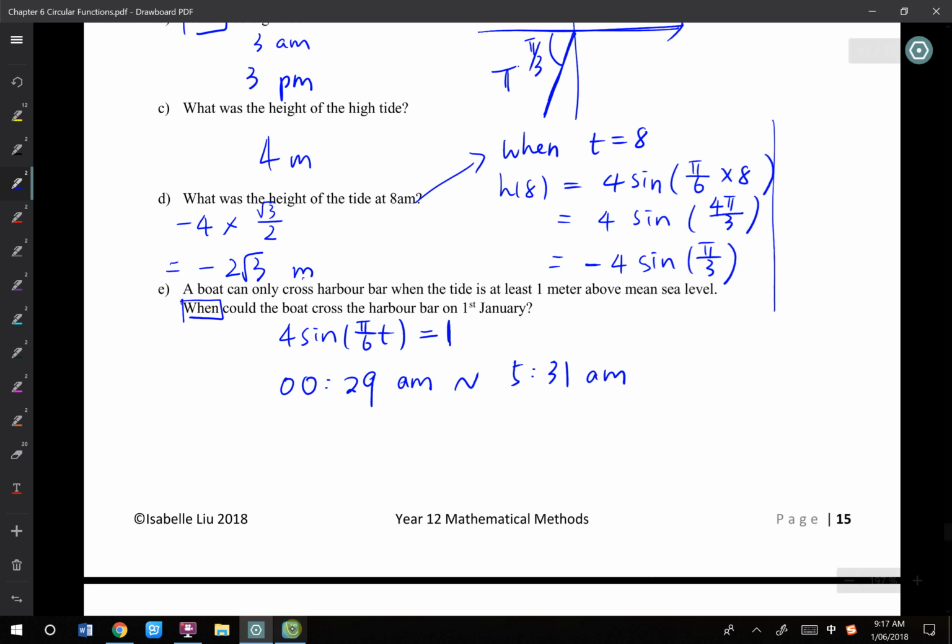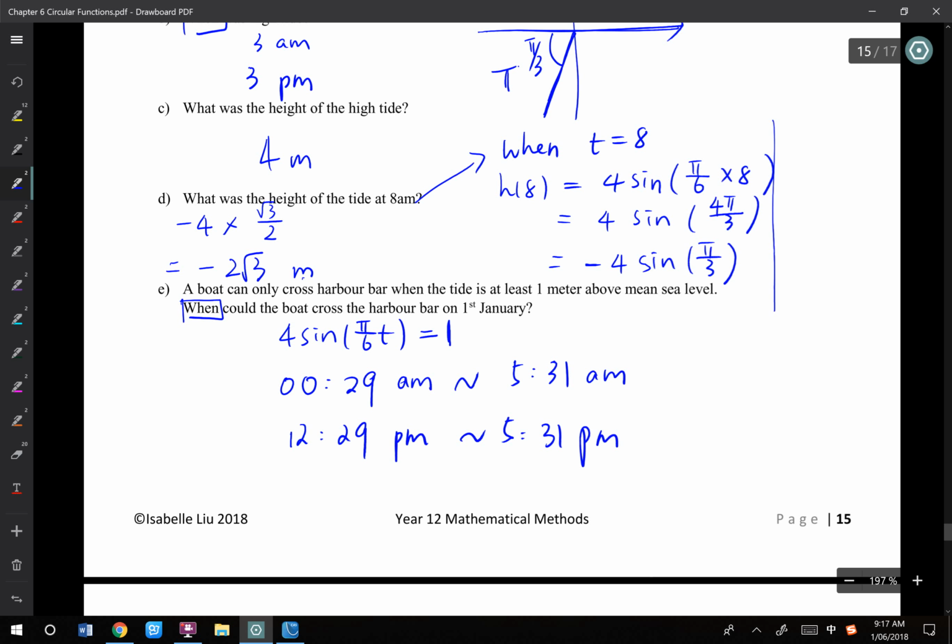So what I would say is 12:29 p.m. to 5:31 p.m., because it's 17 hours after. It's a symmetrical graph, so in the morning I can do that, and in the afternoon I can still do that. It's exactly the symmetrical points, so I have 12 p.m. and 5 p.m.